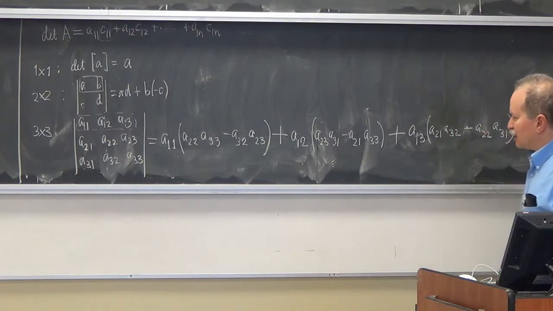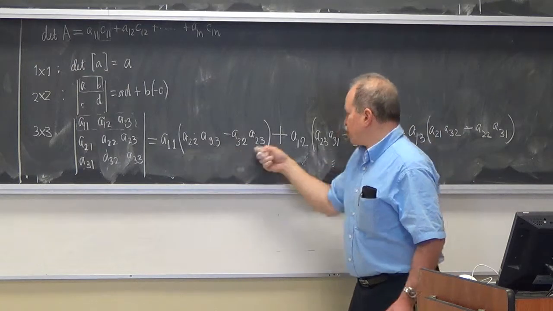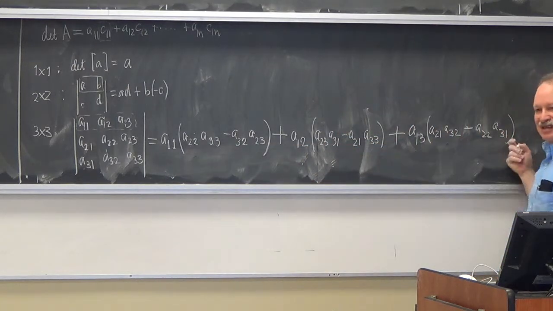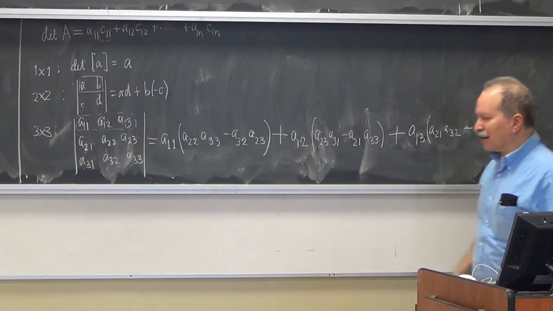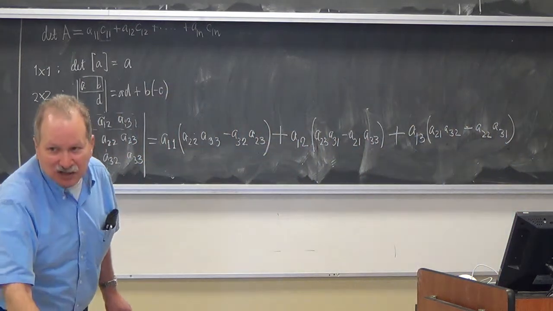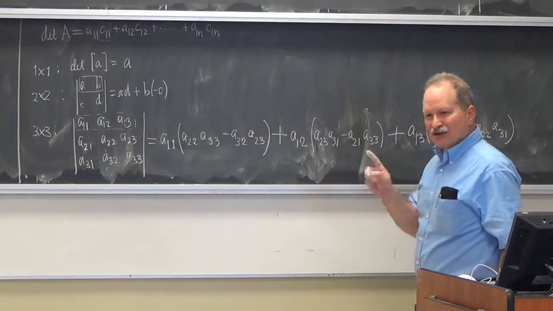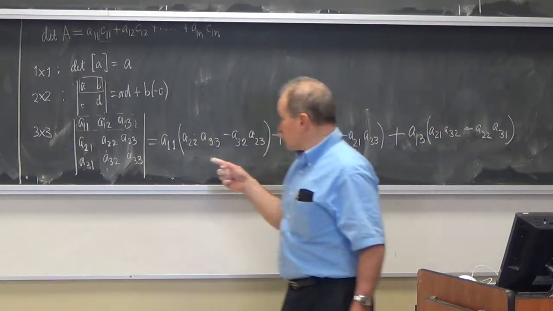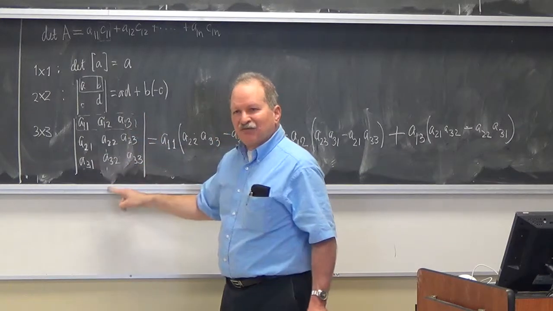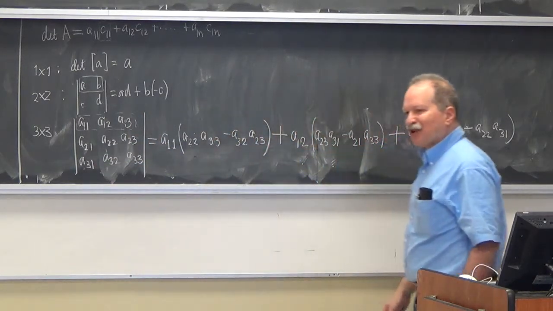Now, all right, so you have 3 factorial terms here: 1, 2, 3, 4, 5, 6. But what do they all look like? Well, first of all, you see they start to look like 3 terms multiplied together, every one of them. So it's a polynomial of degree 3 in these variables, if you like. But there's something more specific going on here.